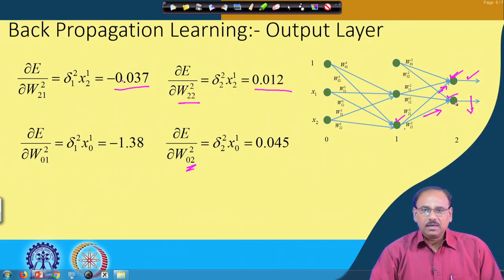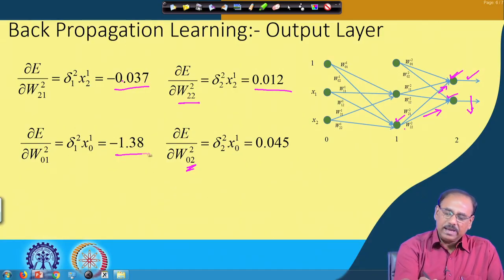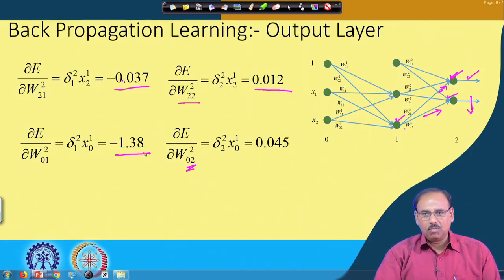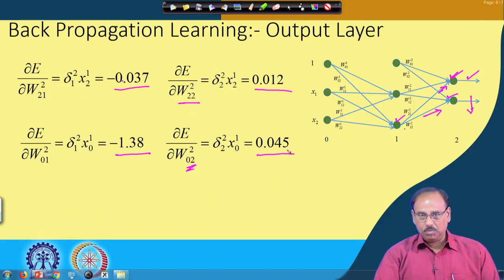So, in the same manner, you find that del E del W012 is also negative, that is minus 1.38, and del E del W022 is positive, which is 0.045. All these values will come based on the computations that we have done in the forward pass.